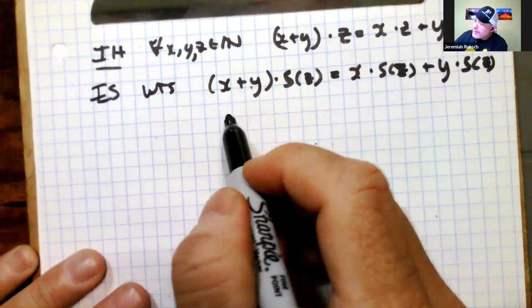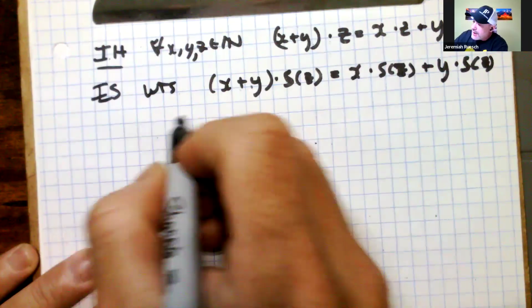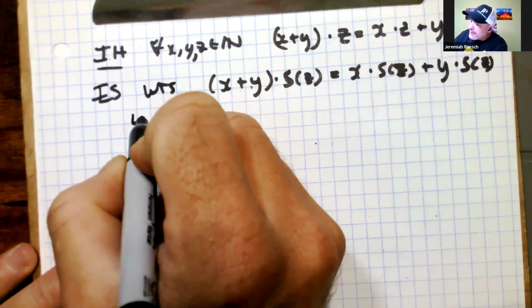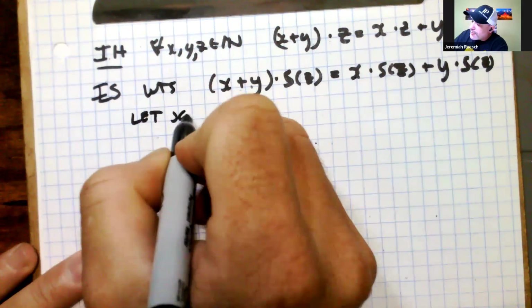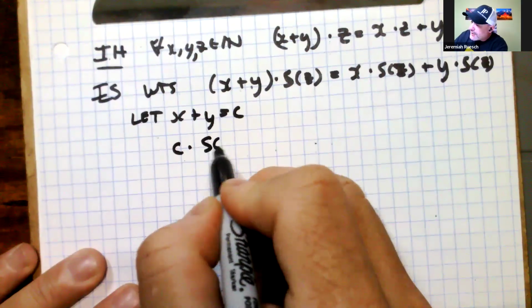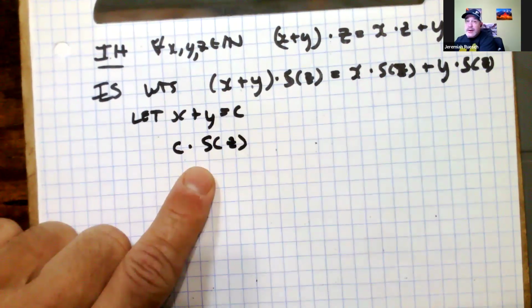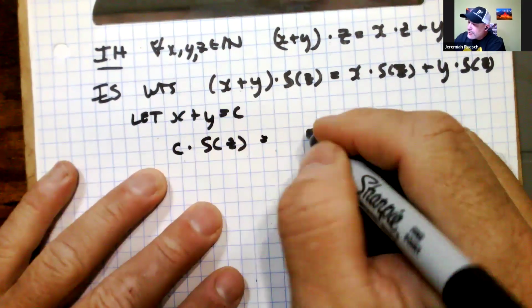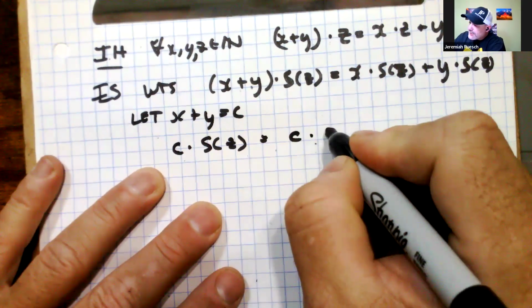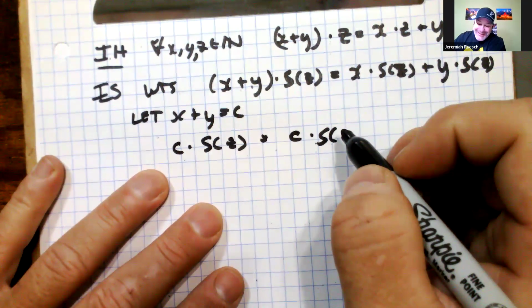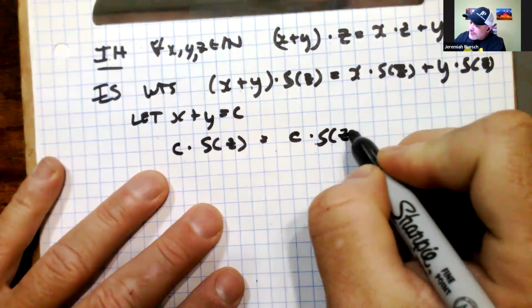Okay, so just starting with this side here, it may be helpful to think again of letting x plus y equal c, and then you have c times the successor of z. And then by the definition of multiplication, M2, we know that this is equal to c times the successor of z.